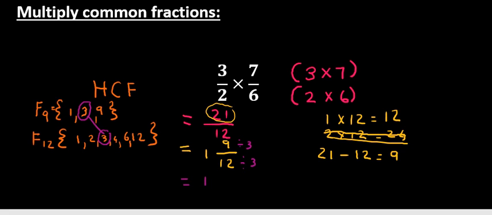Then my answer is going to be 9 divided by 3 gives me 3, and 12 divided by 3 is going to give me 4. And this is going to be my final answer, and this is my fraction in its simplest form.